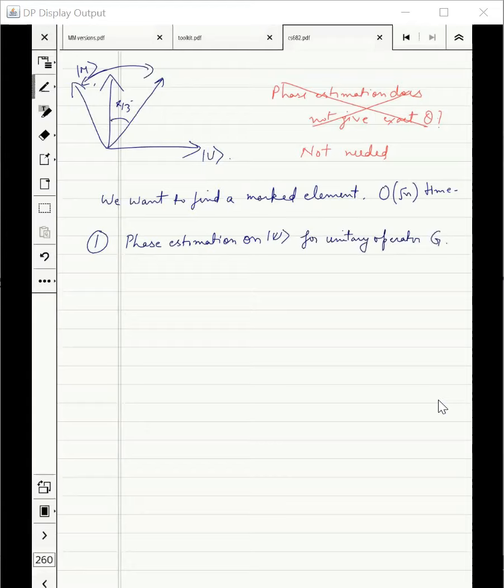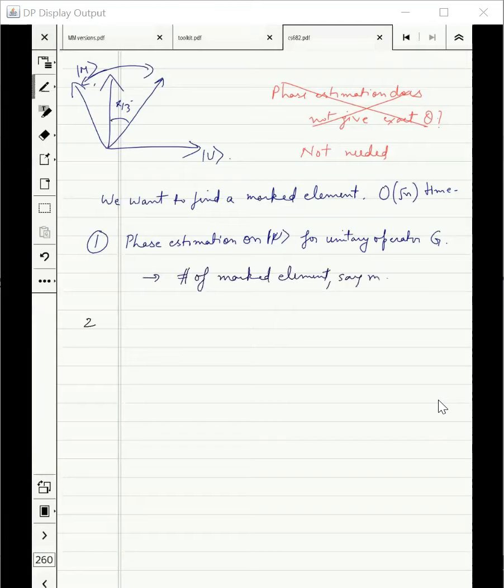That's right. We create an equal superposition and we apply phase estimation on that. And then this will give us the number of marked elements, say M.